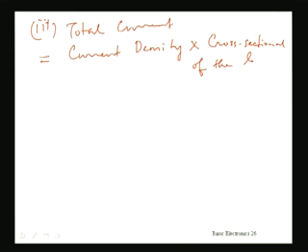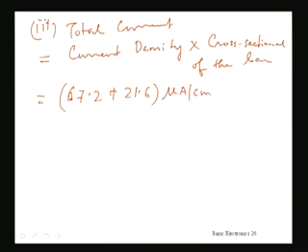The current density is the total due to the holes as well as electrons, so we sum these two, 67.2 plus 21.6 microampere per cm square, and multiply it by the 5 cm square cross sectional area, and that gives the result as 444 microampere, which is the total current.